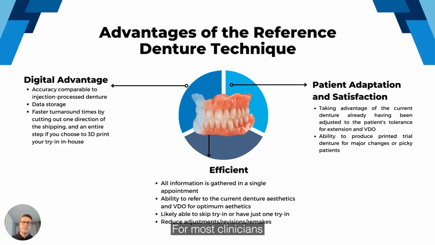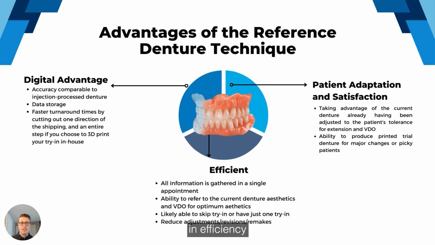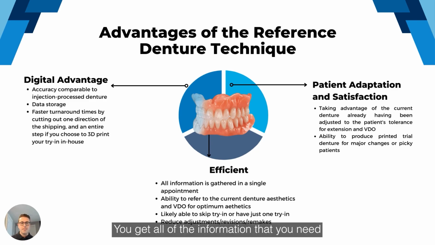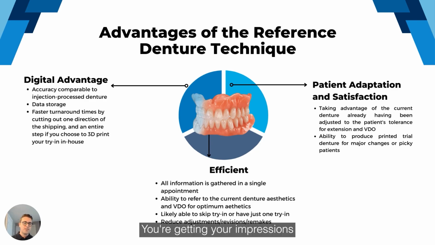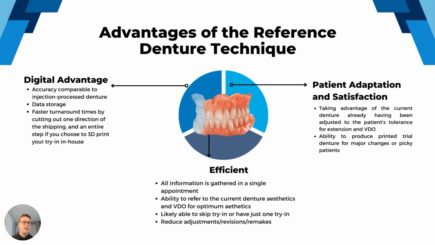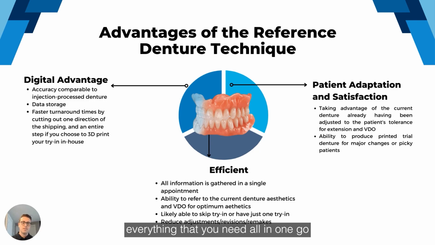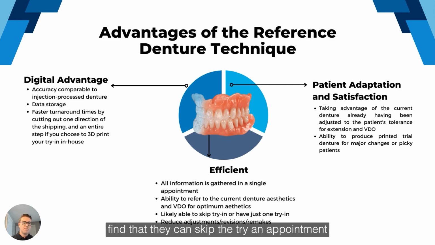For most clinicians, the biggest advantage they're going to see with the reference denture technique is efficiency. You get all of the information that you need to make the patient a new denture in a single appointment. You're getting your impressions, you're getting your bite registration, you're getting a VDO measurement, everything that you need all in one go. And realistically, because you're working with the existing prosthetic, a lot of clinicians find that they can skip the try-in appointment.